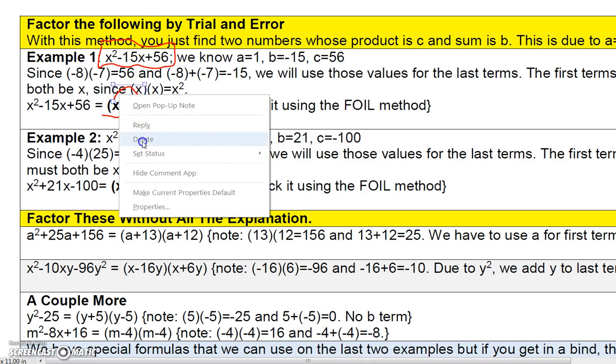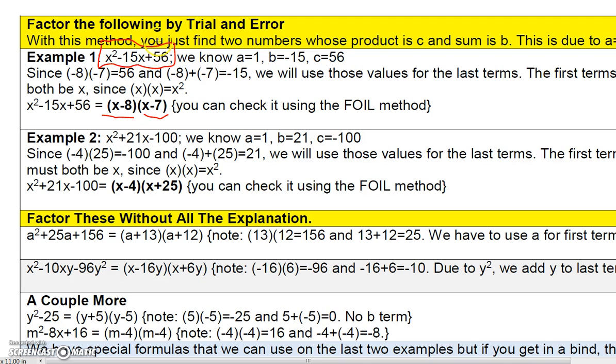Now the other thing I want you to think in terms of is look at the last term of the trinomial, 56. Well, when you FOIL, remember the product of the last terms has to give you that 56. So these last terms have to be factors whose product is 56.